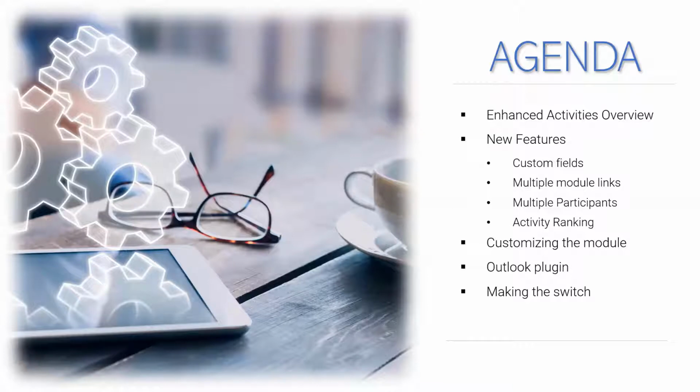It first of all will offer you the ability to add custom fields. The activities module has been the only module that did not allow you to add custom fields. You now will have the ability to add custom fields to an activity record. And the other nice thing about it, as with the other modules, when you add a custom field in one module and then you create the same custom field throughout the database and other modules, the data flows.